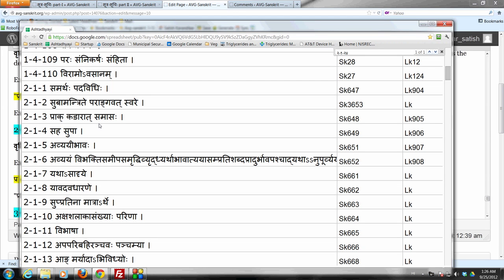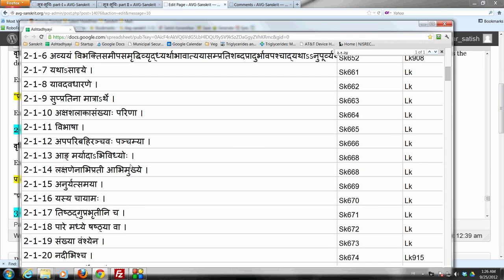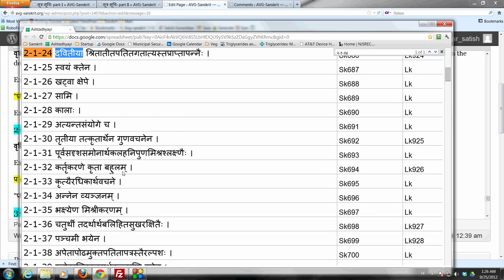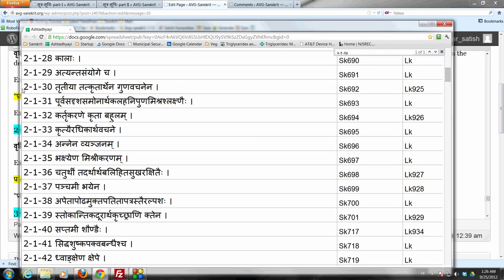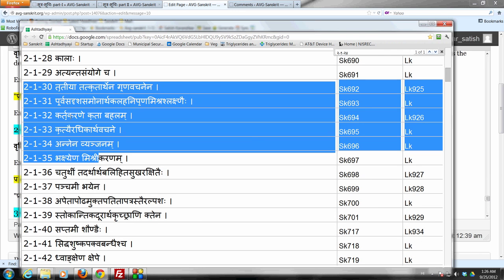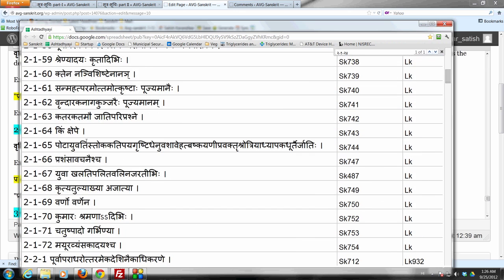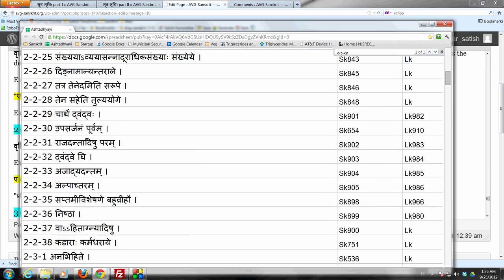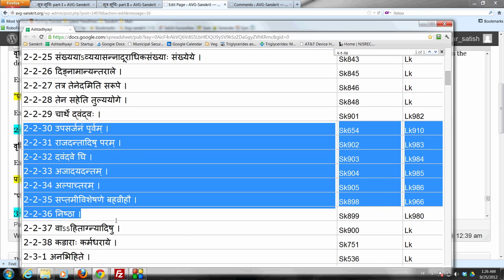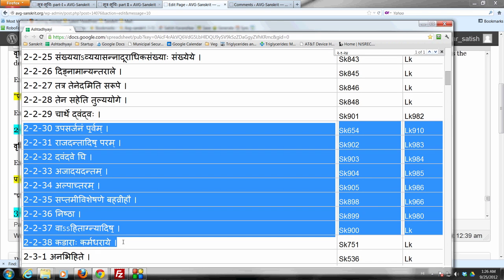At the very end of that adhikaraha, in 2.2.30, comes this sutram which says upasarjanam purvam. These last 9 rules, from 2.2.30 up to 2.2.38, Panini discusses the topic of which term will be the prior member of the compound.